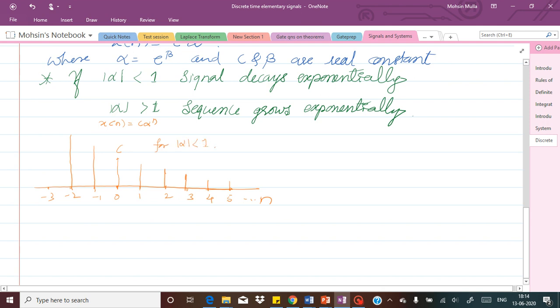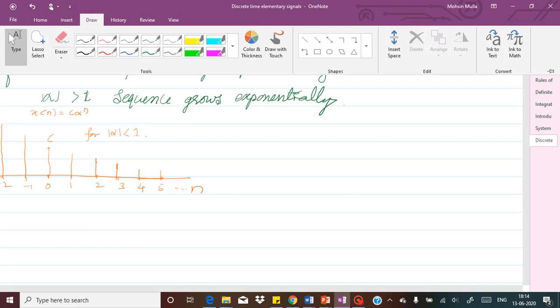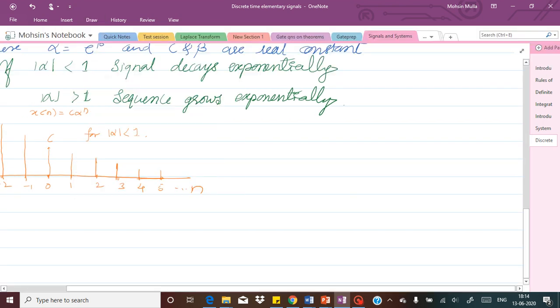If the magnitude of alpha is greater than 1, in that case it is going to be a different type of sequence. That will be an exponentially growing sequence. Again I'll take 0, 1, 2, 3, 4, 5, minus 1, minus 2, minus 3, minus 4, and so on.